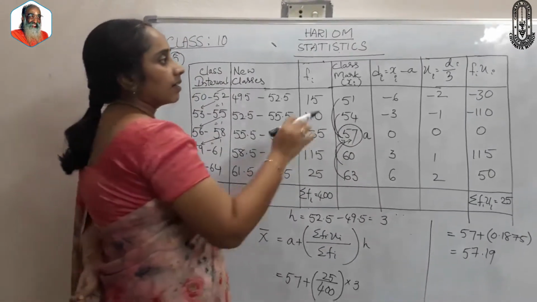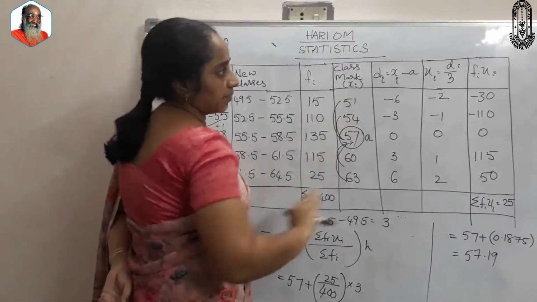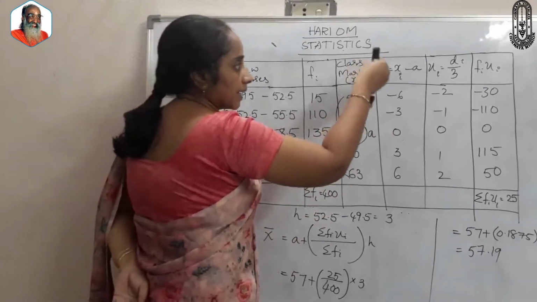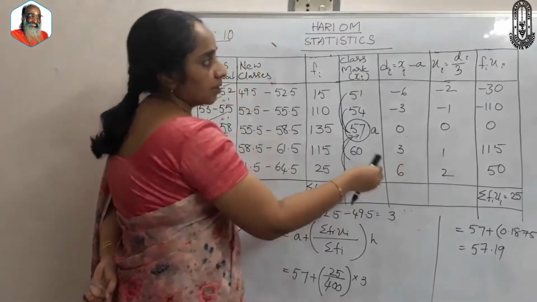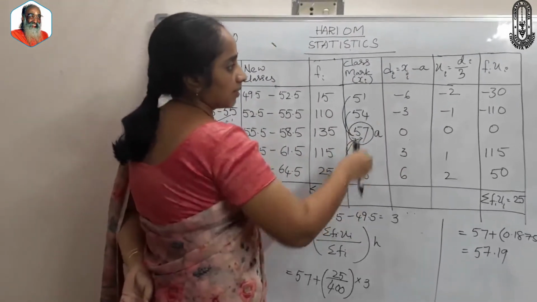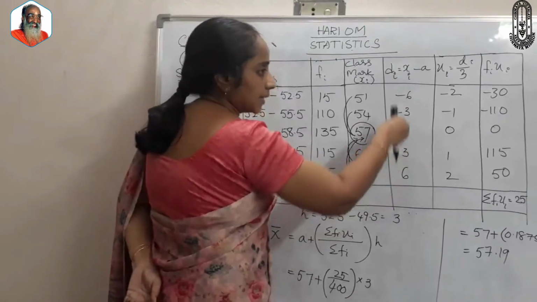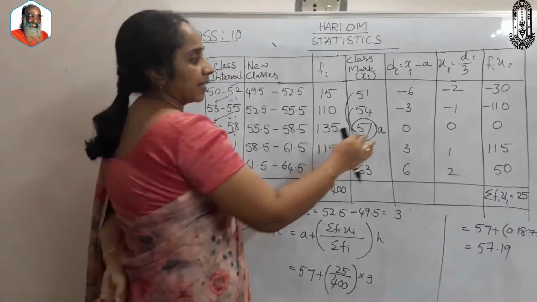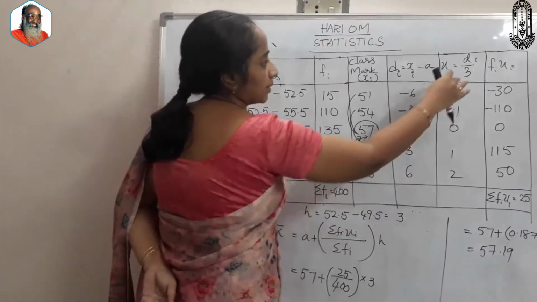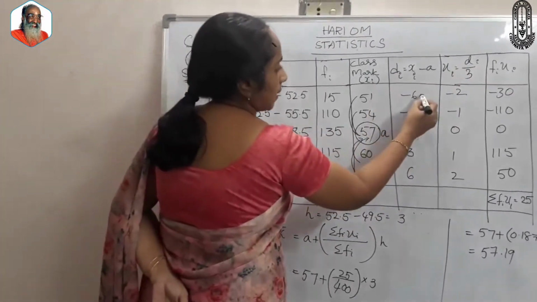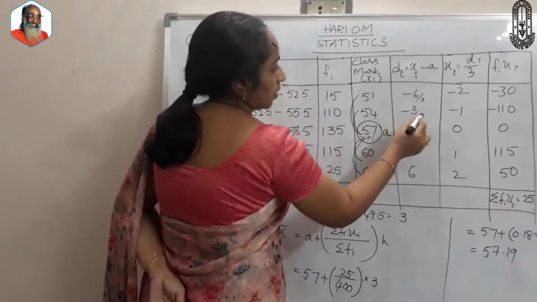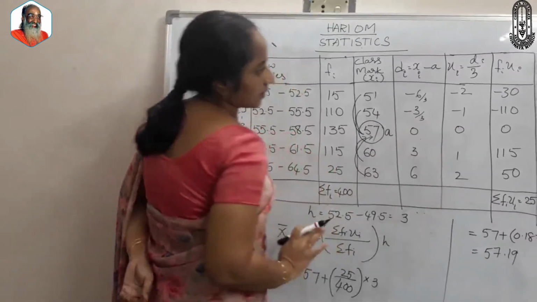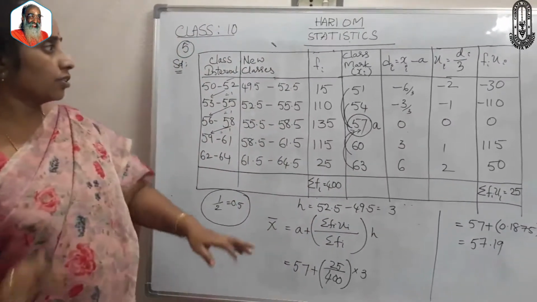Again here in this step deviation method, again I am going to condense these DI values. One thing you can observe here, these all are multiples of 3. So I am dividing these values by 3, then it is minus 6 by 3, it is minus 2, minus 3 by 3, minus 1, 0 by 3, 0, like that.